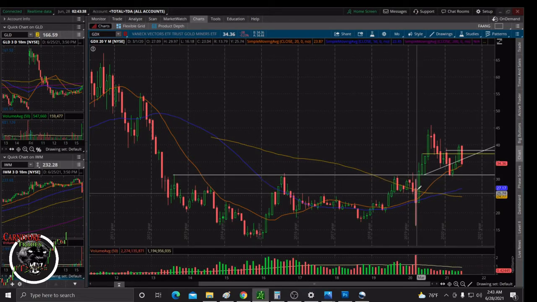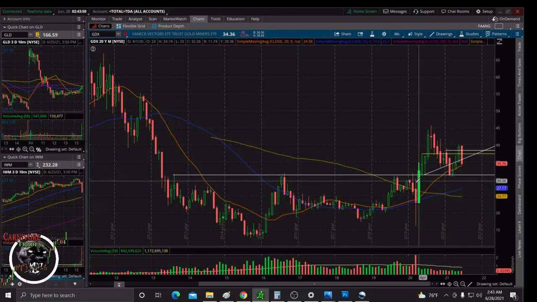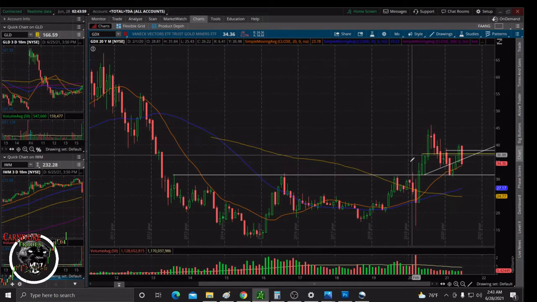Now you consolidated beneath it. You had the flush out from the pandemic, put in a low, and then you finally broke out. And then all this really did is back test this previous breakout and the 20 moving average. So I mean, you have the weekly and the daily time frames both putting in a really nice head and shoulders pattern, but look at where your support is.